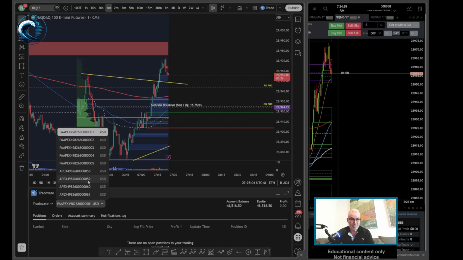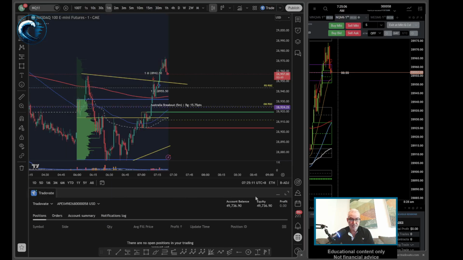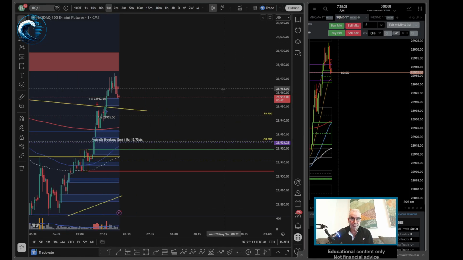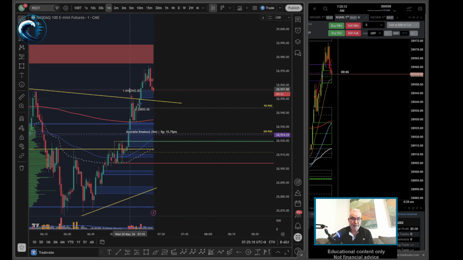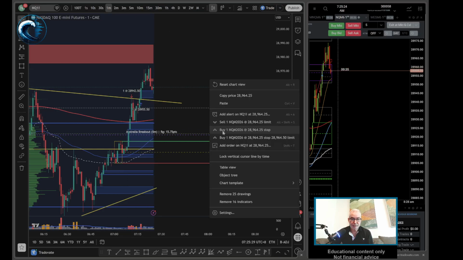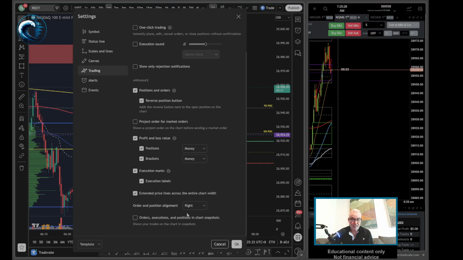In my 58. Yeah. So there's our trades. Had a reverse, that it would have been alright. Let's get rid of that.